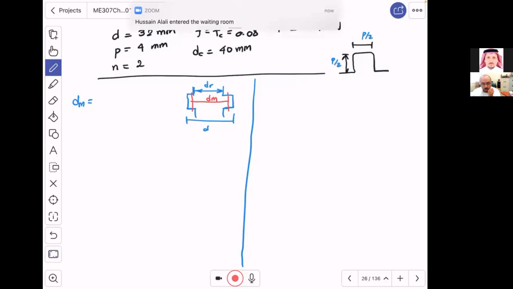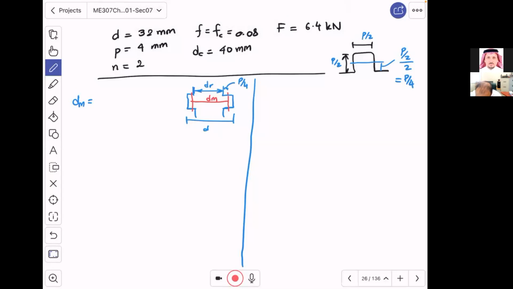It's a square threading, and if you cut it in half, this distance is going to be P over 2 divided by 2, which is P over 4.